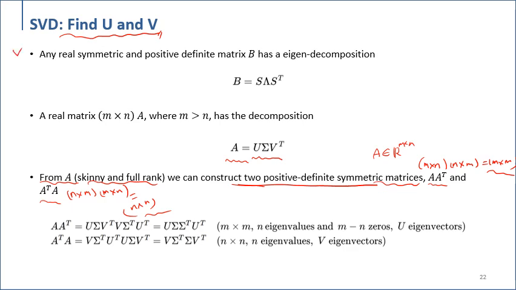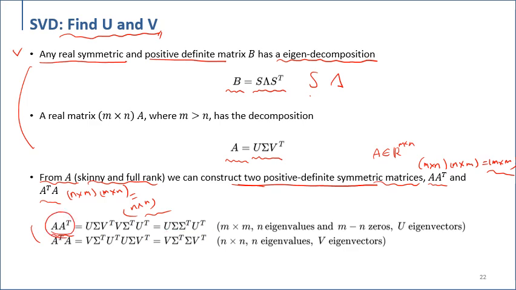And by using the fact that any real symmetric positive definite matrix has an eigen decomposition, using the eigenvectors and eigenvalues, it can be decomposed. By using these two facts, when we rewrite A A transpose, it's nothing but U sigma squared U transpose.